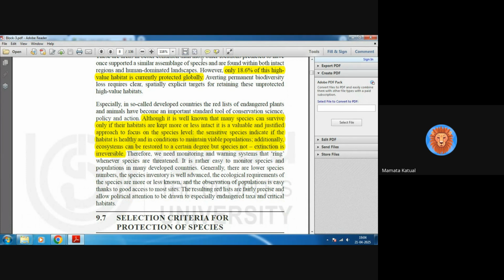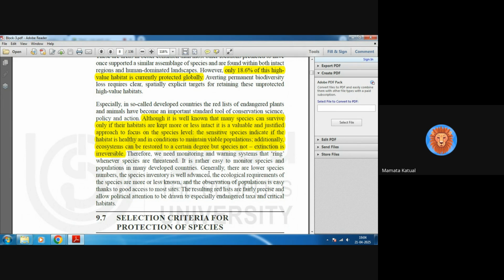So in developed countries, the red list of endangered plants and animals has become an important standard tool for conservation science, policy, and action. We shall study afterwards the red list of endangered organisms prepared by IUCN.